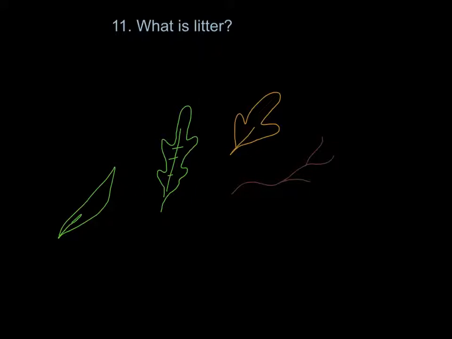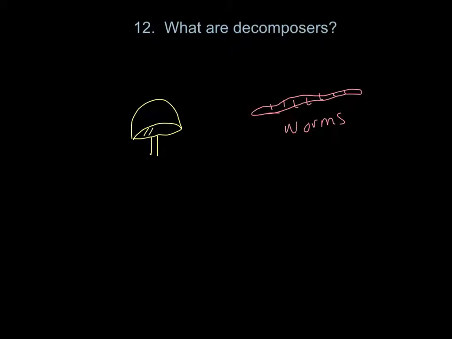And these things also get aided in decomposition with decomposers. And a decomposer is something that helps break down the litter, and it helps to break down the soil. And these are things like worms, fungi, and bacteria.